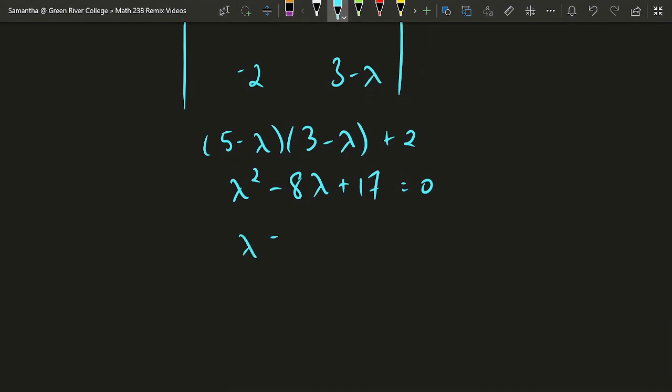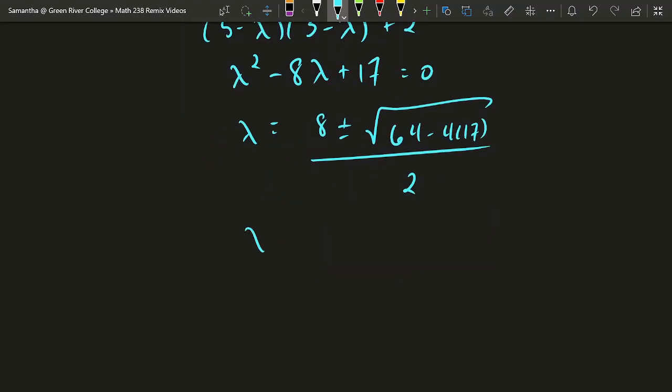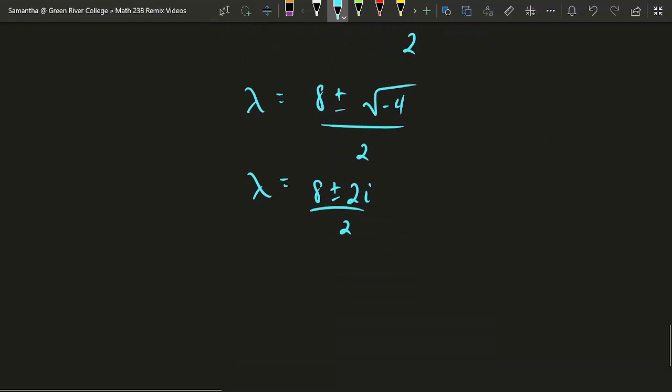And using the quadratic formula, that looks like 8 plus or minus the square root of 8 squared minus 4ac, which looks like 8 plus or minus the square root of negative 4. So 8 plus or minus 2i divided by 2.